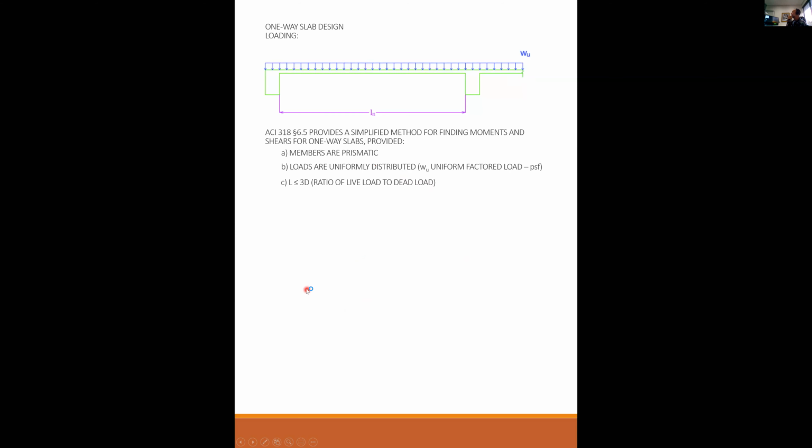If the live load is less than or equal to 3 times the dead load, then you're in luck. You can still use this. And that's pretty lenient because if you have 100 pounds per square foot dead load, then as long as you don't have more than 300 pounds per square foot live load, we're okay with this method. There has to be at least 2 spans, right? What I'm showing in the illustration is 1 plus something going over here.